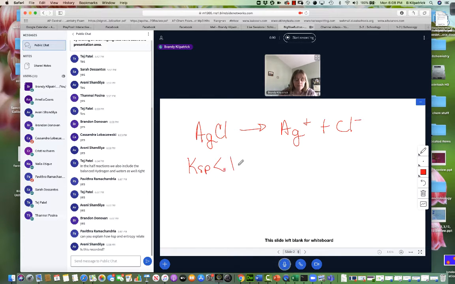So if KSP is very small, anytime that you dissolve this, you still increase entropy. You're just not going to increase it to a great amount. You're going to increase it by a very, very small amount. So if you have this process and it happens, yeah, you're still increasing entropy if you do dissolve it, but it only happens to a very small extent.